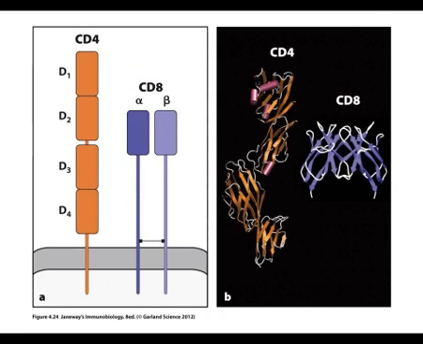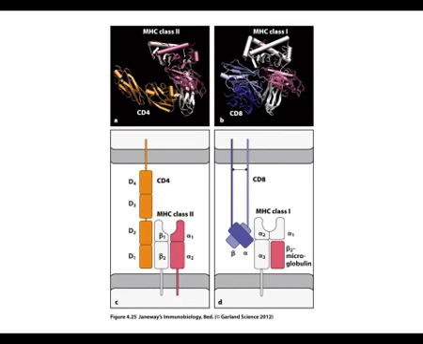A co-receptor is called a co-receptor because it actually binds to the same thing that the receptor binds to. So the T cell receptor binds to the MHC and the antigen. A co-receptor also has to bind to that same structure. This is the other factoid that you should take away from this chapter. Remember that CD4 is going to bind to this beta 2 region of the class 2 molecule, and CD8 is going to bind to this alpha 3 region.